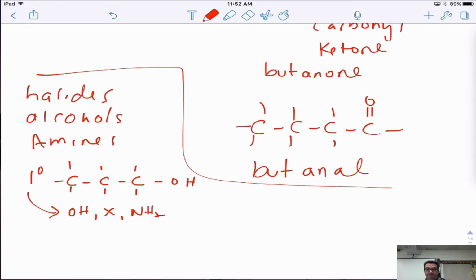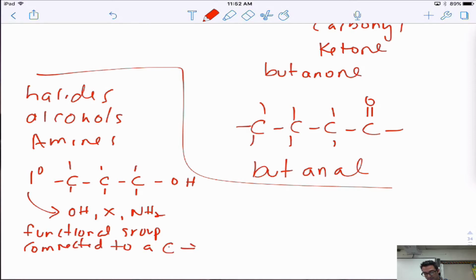That means that the OH or the halide or the amine, the functional group, is connected to a carbon that has 2 hydrogens and 1 other carbon.